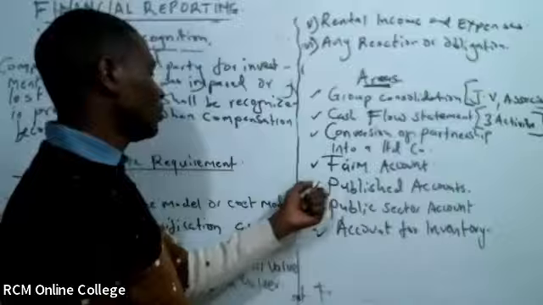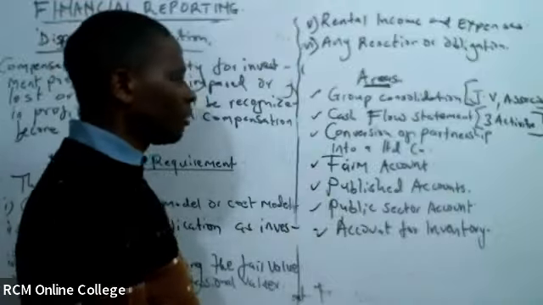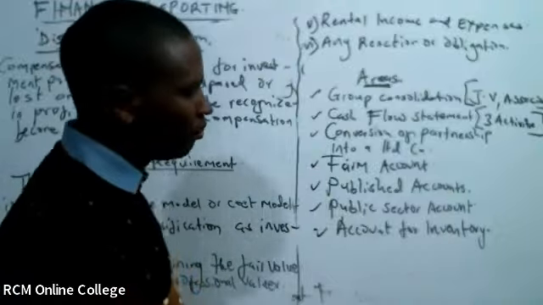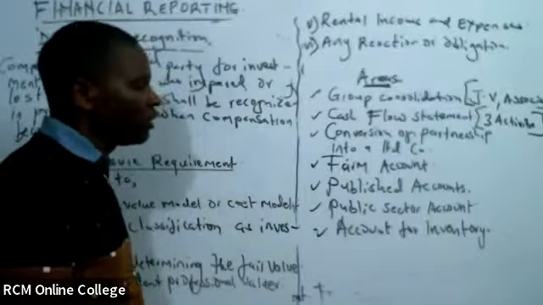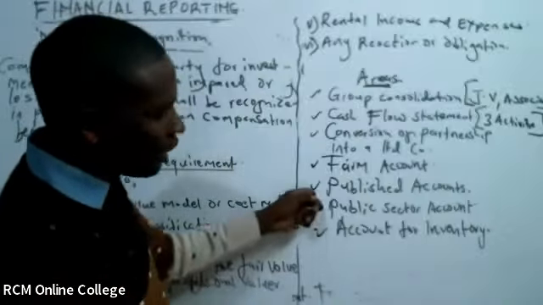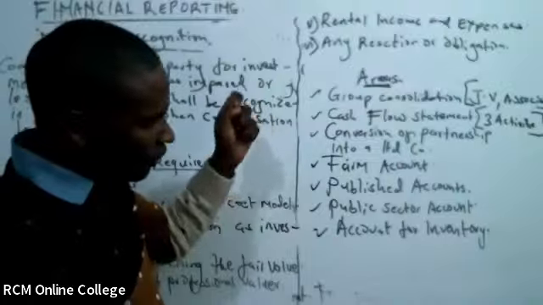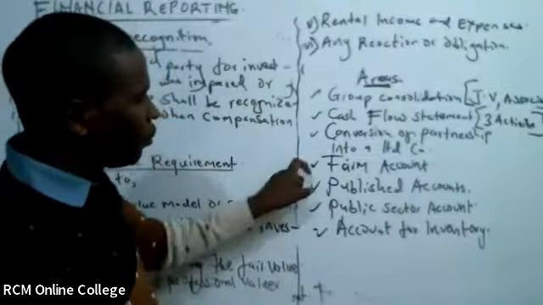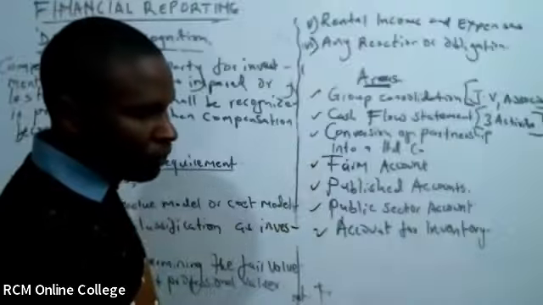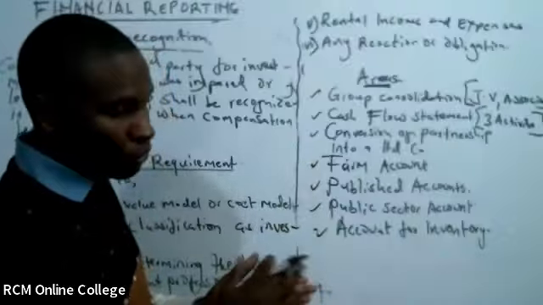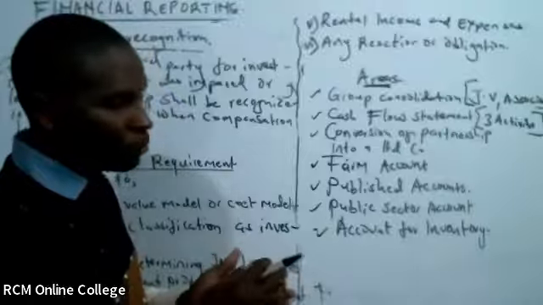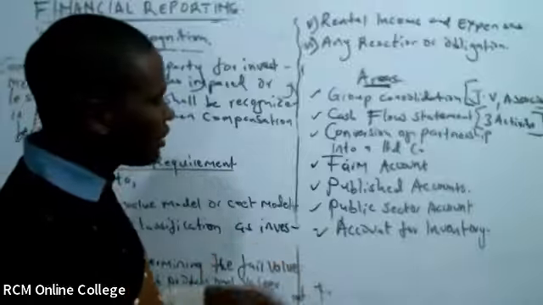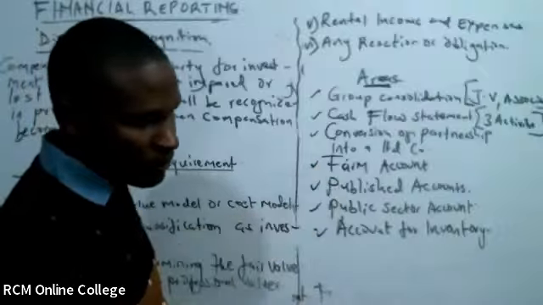Then published account, preparation of published statements. This is also important. And we said that if you're not very comfortable with the published account question, please don't start with it. This is a question that can take 2 hours to solve.